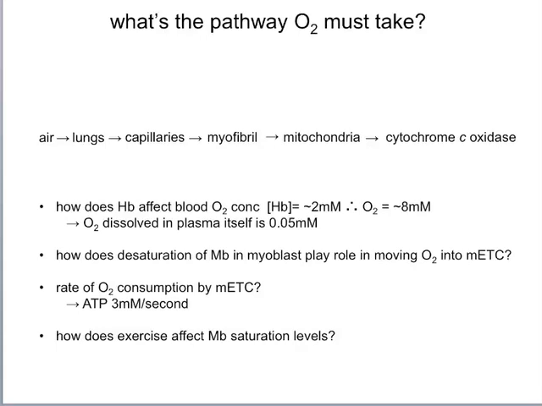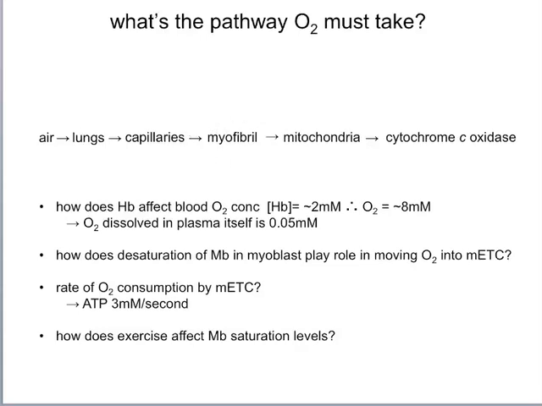What's happening with oxygen? Well, we breathe it in to our lungs from the air. The oxygen goes into our blood via hemoglobin and travels throughout our body through capillaries, finally finding its way into muscle tissue, where it has to leave the hemoglobin now and enter the myoglobin.